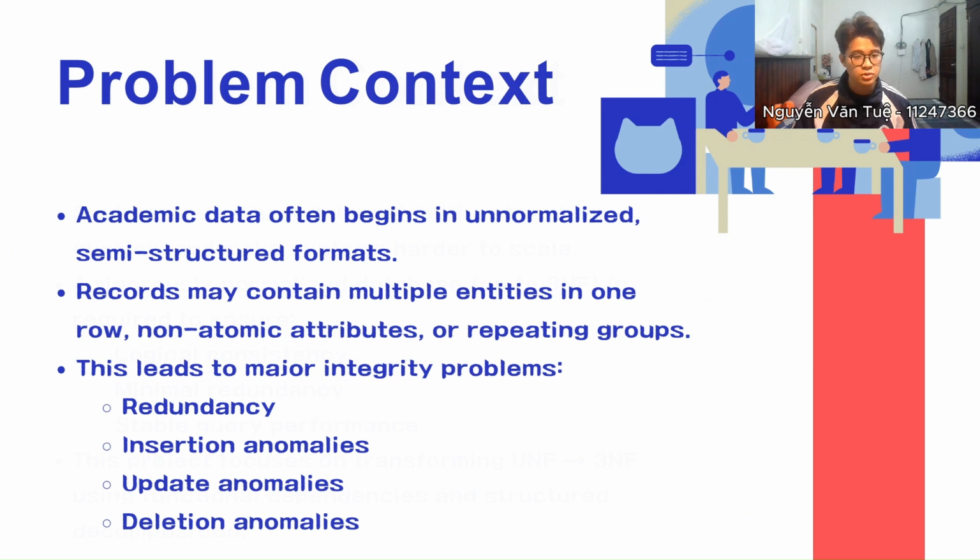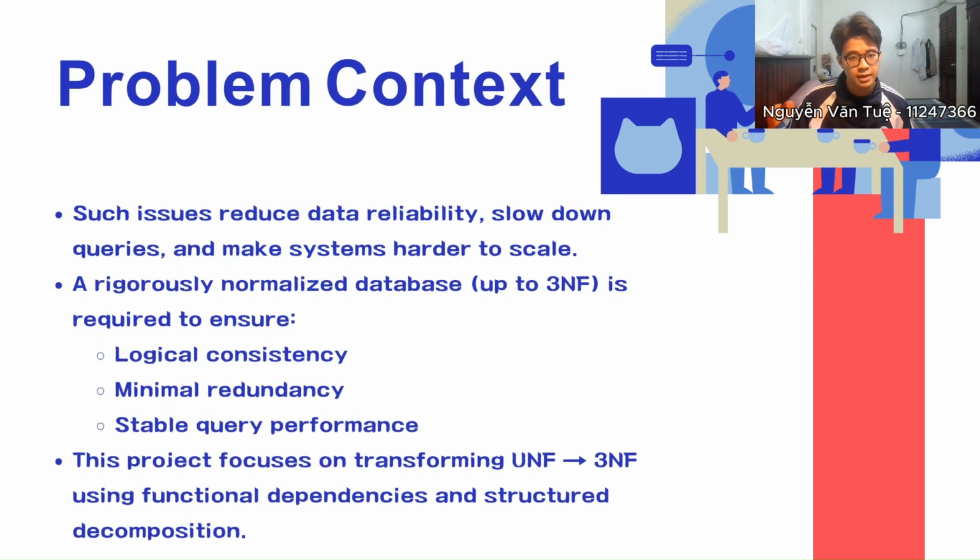These structural issues lead to a series of classic data integrity problems, including redundancy, insertion anomalies, update anomalies, and deletion anomalies. As a result, the system becomes harder to maintain, queries become slower, and the reliability of stored information is significantly reduced. To address these challenges, it is essential to build a rigorously normalized database.